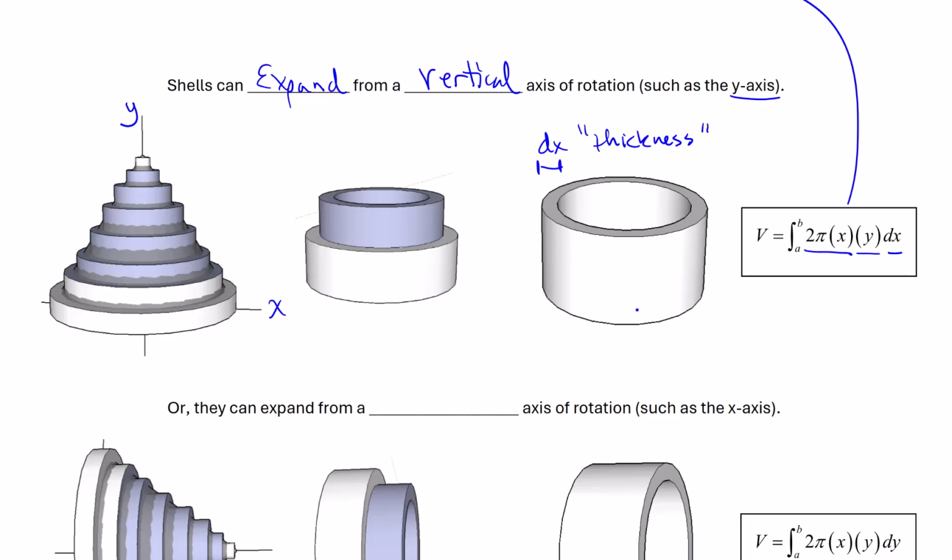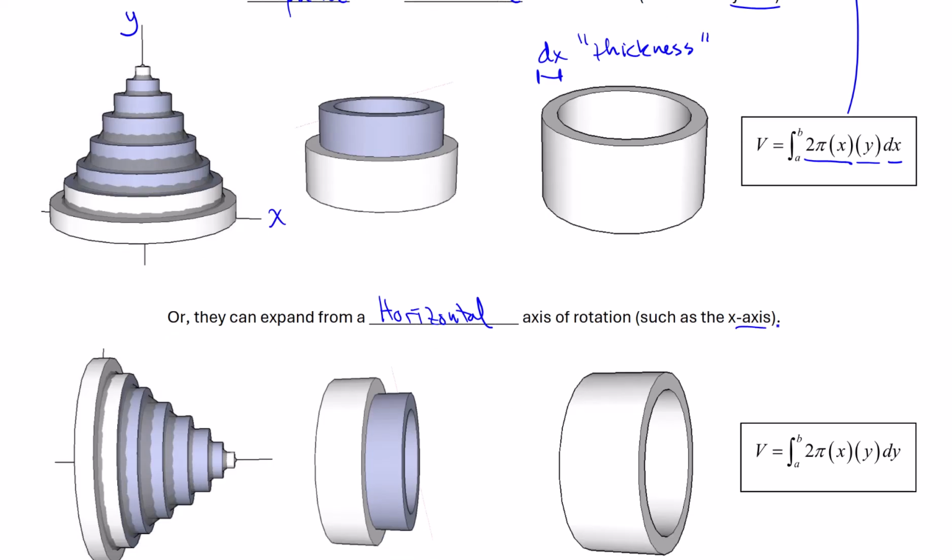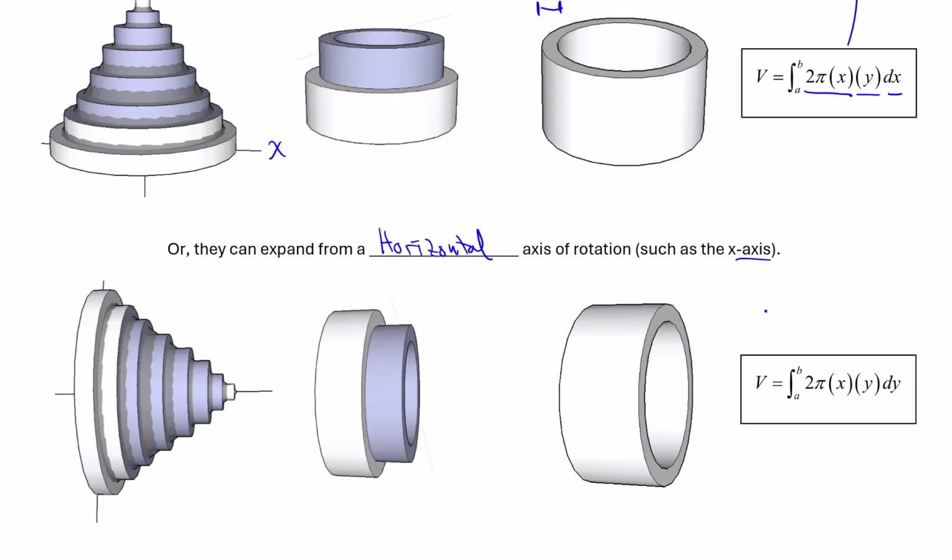Well, or you can expand from a horizontal axis for these shells. And if doing that from a horizontal axis of rotation, such as the x-axis, the picture just kind of turns over onto its side. So now we have a horizontal x-axis, and we're extending out from that x-axis to get the radii of these cylindrical shells. Of course, you have a vertical axis that's still kind of lurking there.